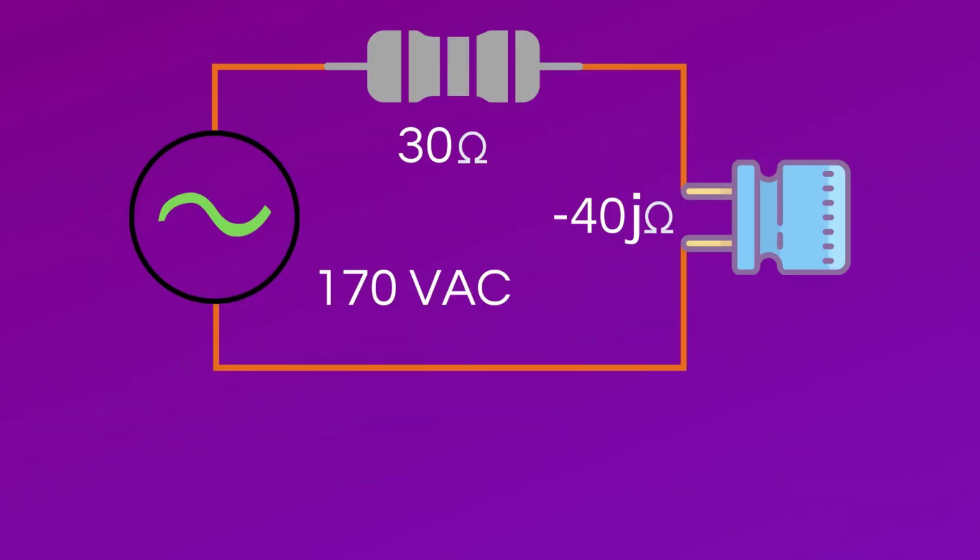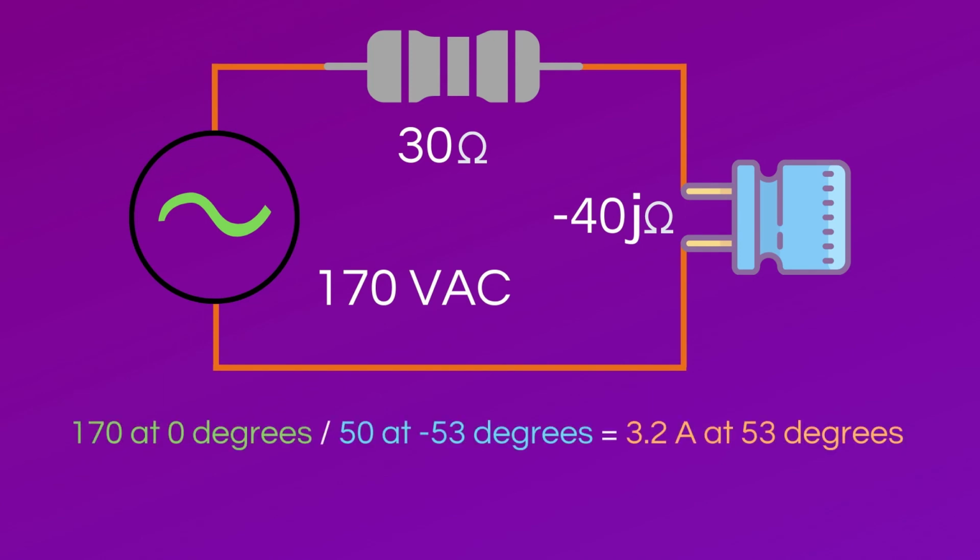But what about the circuit using the capacitor? Per Ohm's law, the current equals 170 volts at 0 degrees divided by 50 ohms at negative 53 degrees. This gives us a value of 3.2 amps of current at 53 degrees. The positive 53 degrees tells us that the current leads the voltage by 53 degrees.